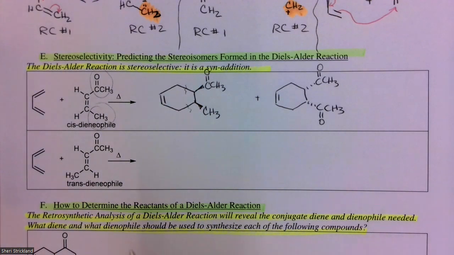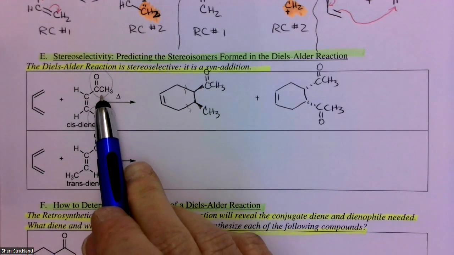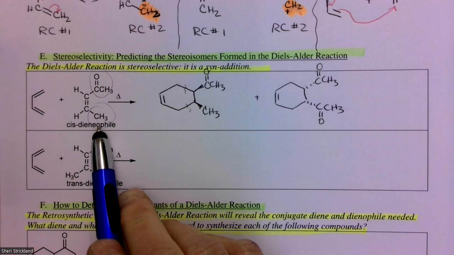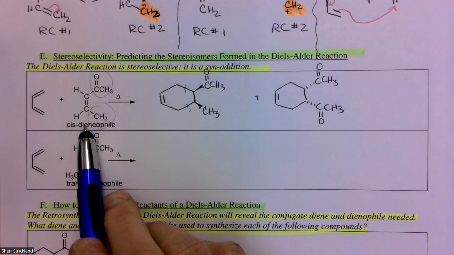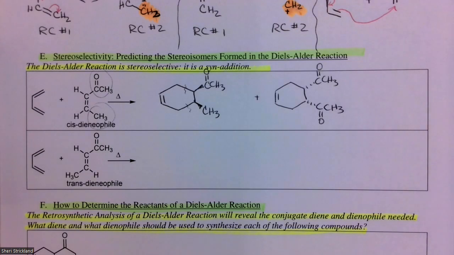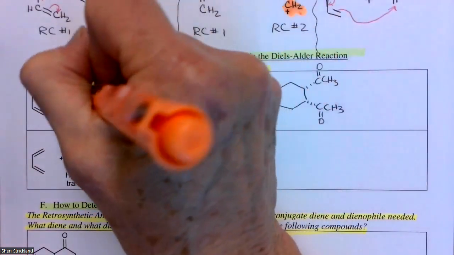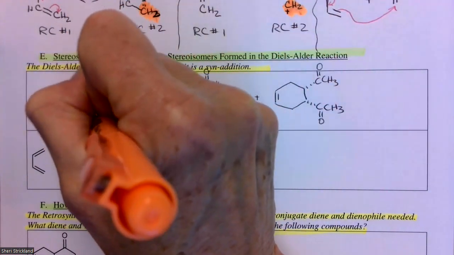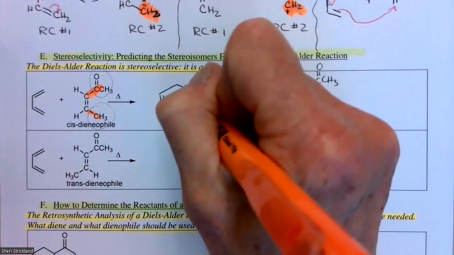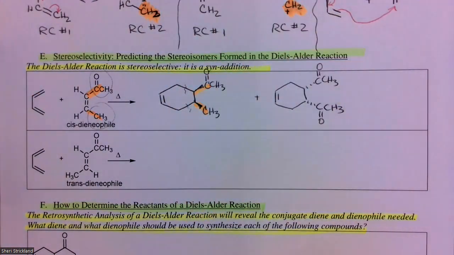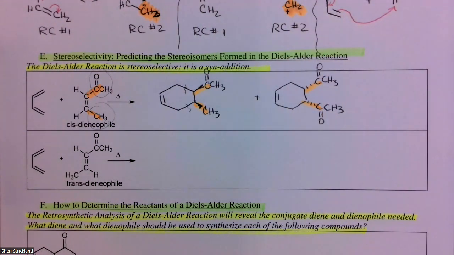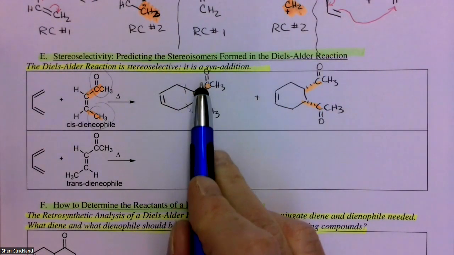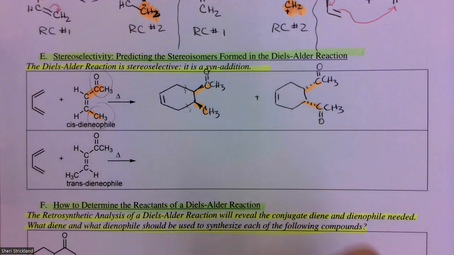All right, so let's give this a little something for you to hang on to. Okay, let's say that when we've got our dienophile set up, the things that are on the right are going to end up on up bonds in the first one, and down bonds in the second one.